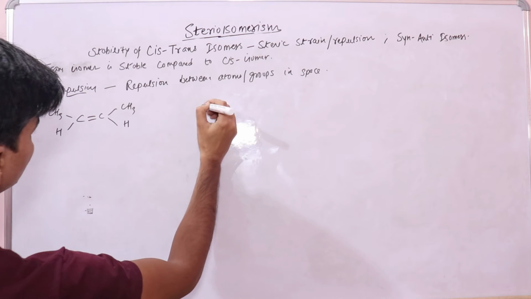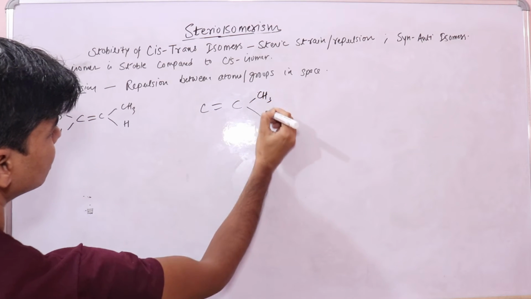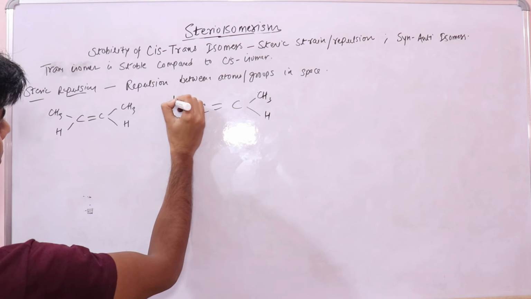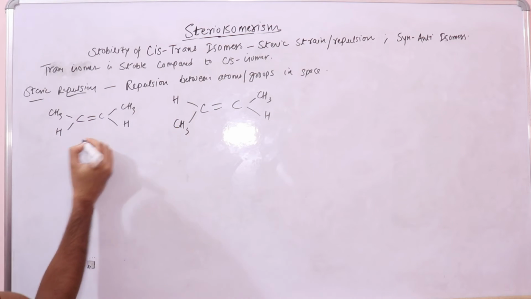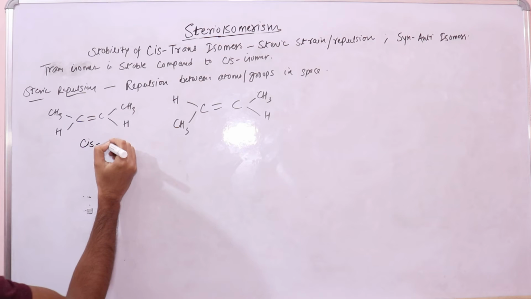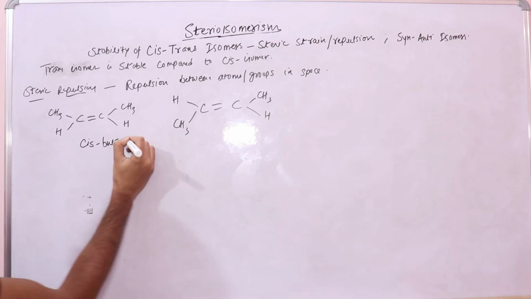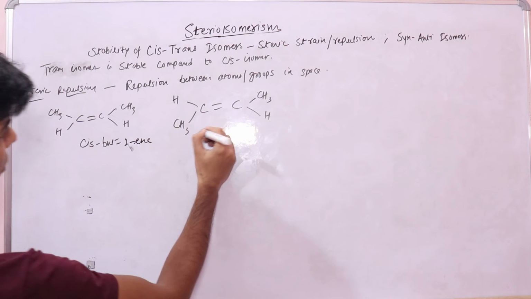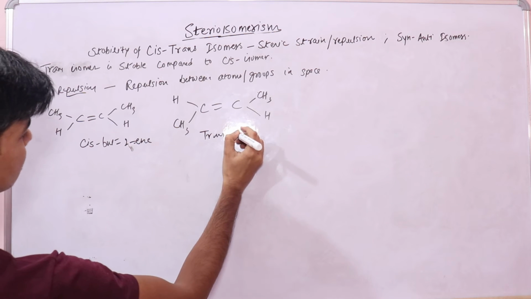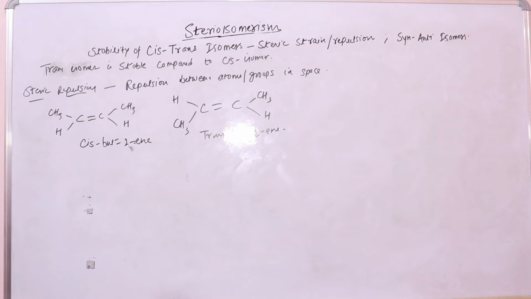And the other one we have is the trans isomer, with CH3, H on one carbon and H, CH3 on the other. This is cis-but-2-ene, and this is trans-but-2-ene.